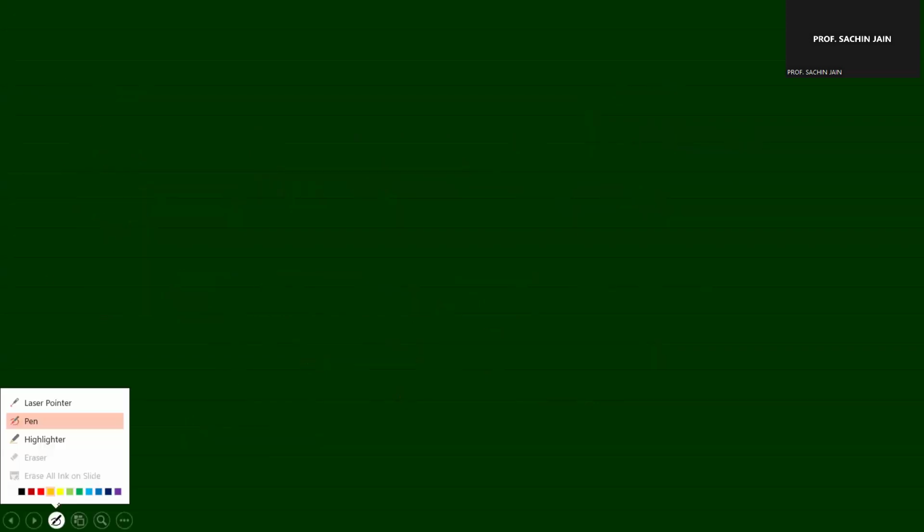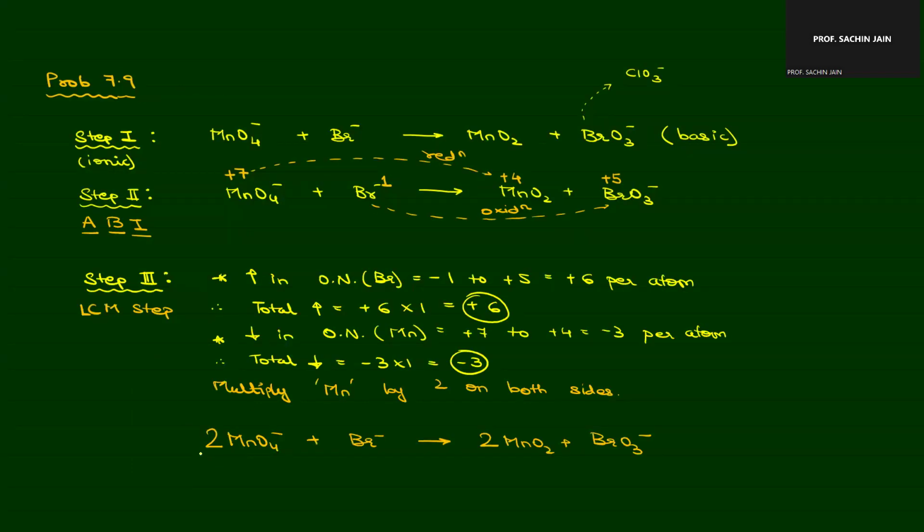Now step number 4 is balancing charges. Step 4 is the charge balancing step. So let's see the charges. There's minus 2 and minus 1, that's minus 3 on the left, and 0 and minus 1, that is minus 1 on the right. So this minus 3 will be balanced with minus 1 by adding OH minus, as the medium is basic.